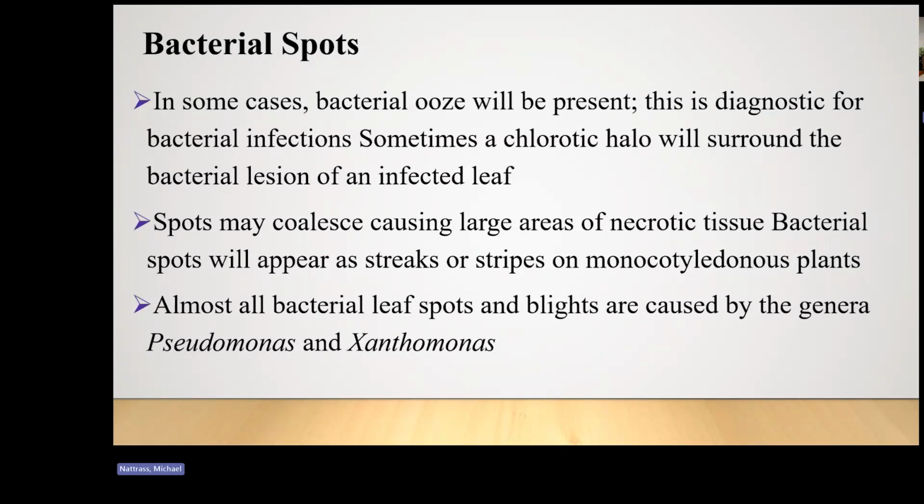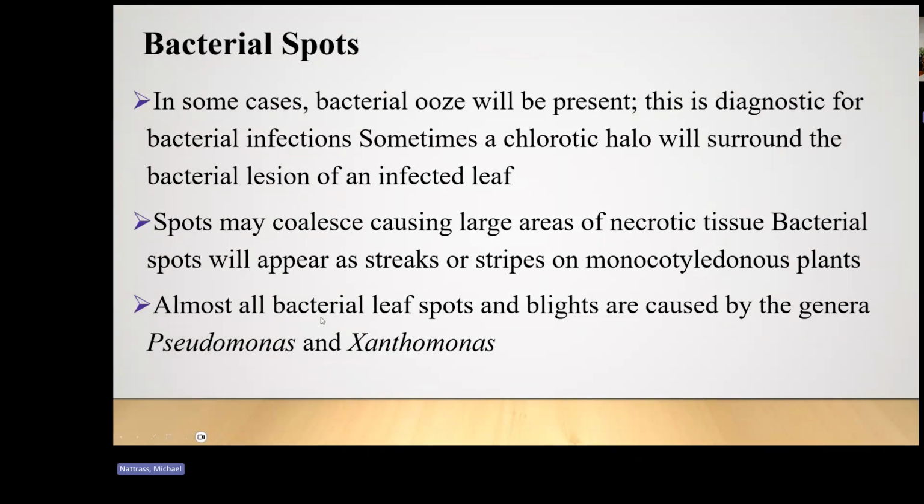So pretty much once you get this bacterial disease, you're really stuck. What you want to do is minimize the spread of that, so that if you did replant, it doesn't spread.